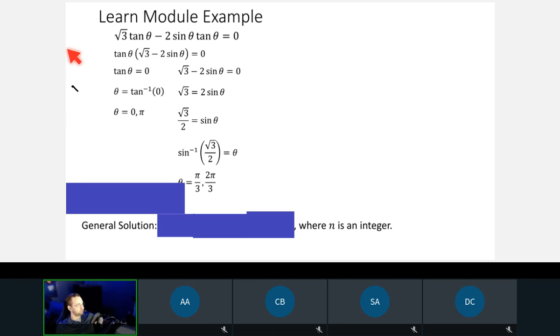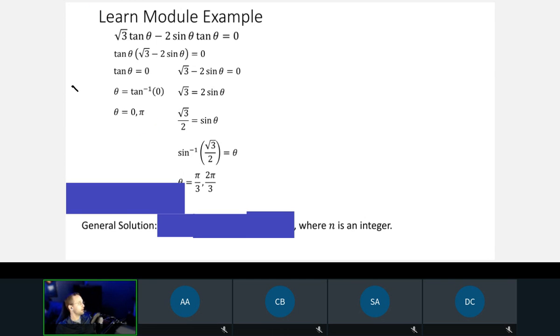So listing 0 and pi when we're talking about tangents is redundant when we do general solutions, because 0 plus pi gives us pi. We're going to write this as 0 plus pi n, and we would write this one as pi plus pi n. But the first one covers this angle when talking about general solutions.